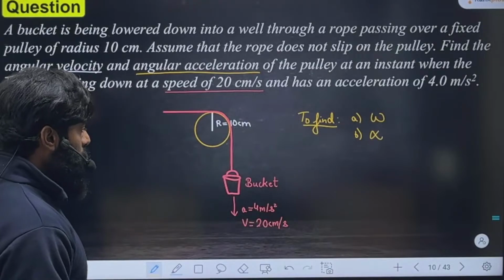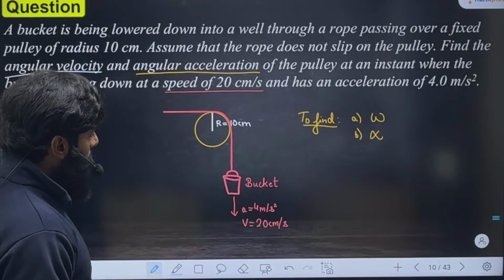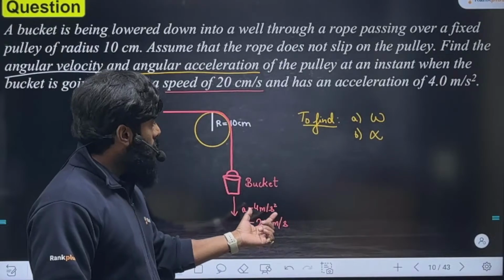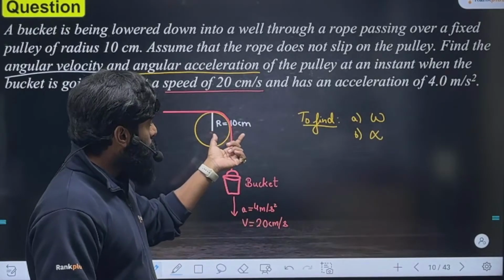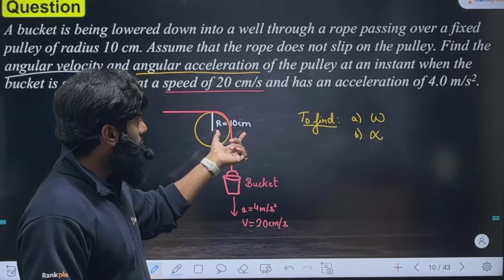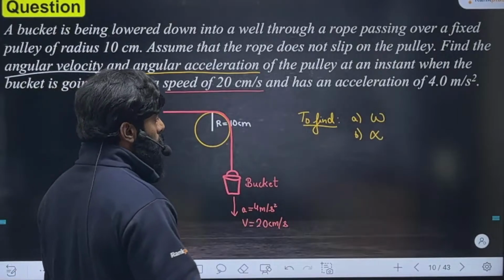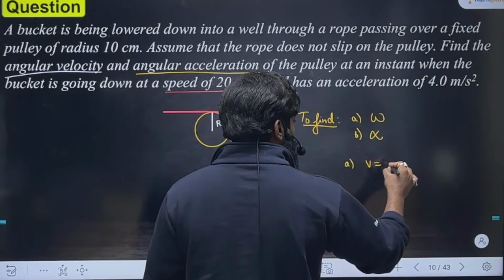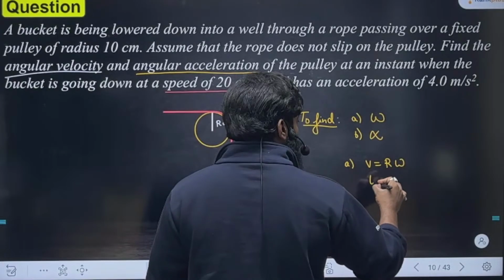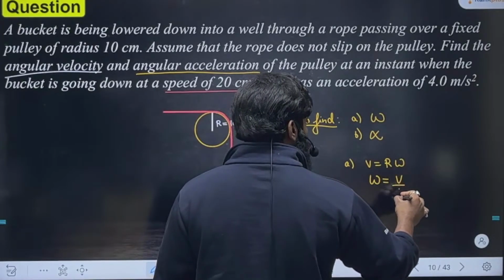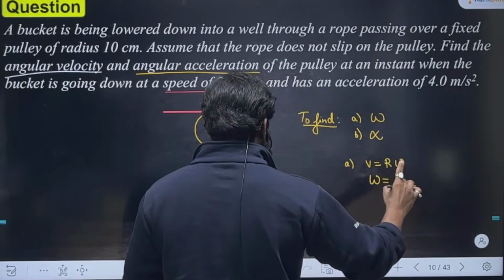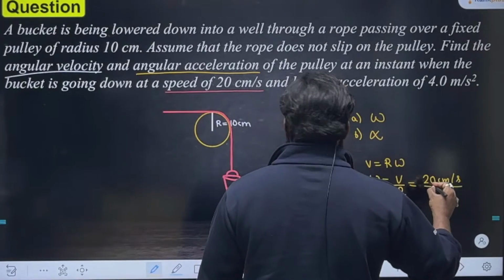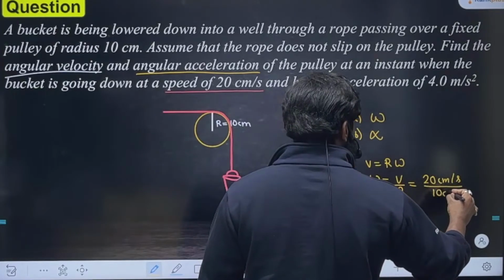The question is very, very simple. As we know, we have been provided with the linear data, right? We also have the value of r, 10 centimeter. So we know that v is equal to r omega, and to get the value of omega, we have v divided by r. The value of v is 20 centimeter per second, and you can replace the value of r as 10 centimeter.